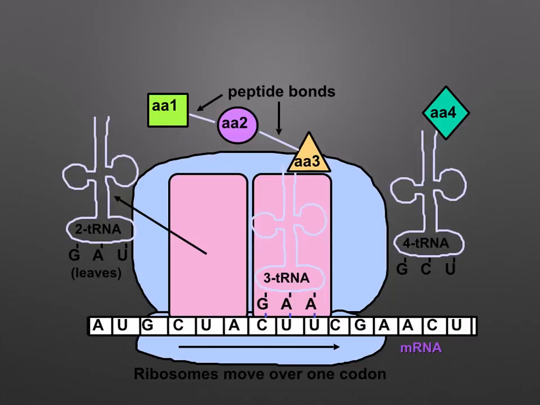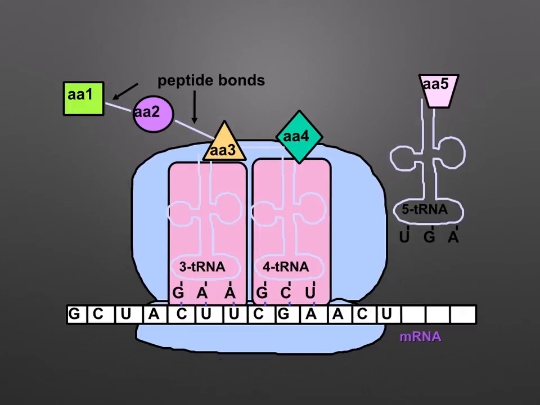Then that first tRNA moves out. So it dissociates from the amino acid. So the process continues in this way up to the stop codon. Thus, a complete polypeptide chain has been built up.